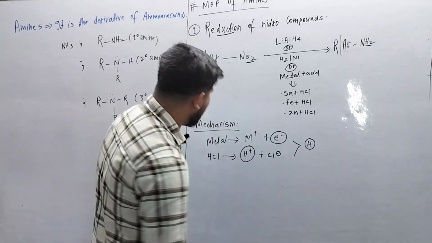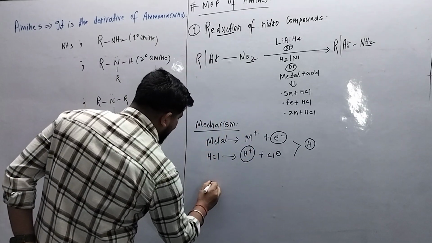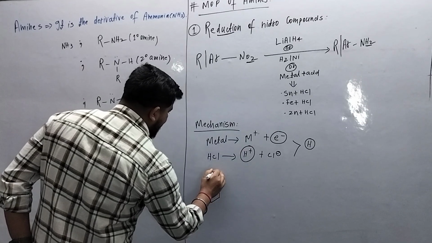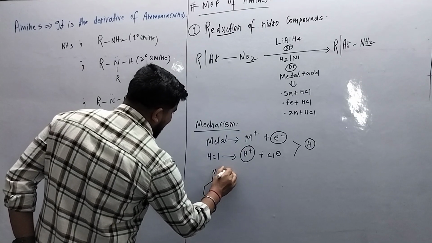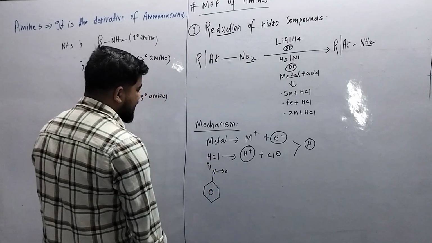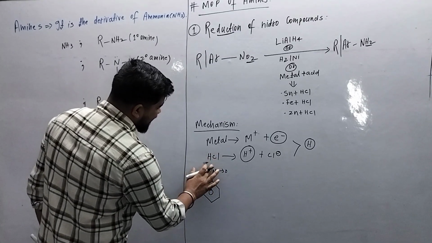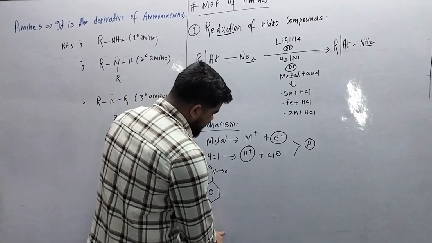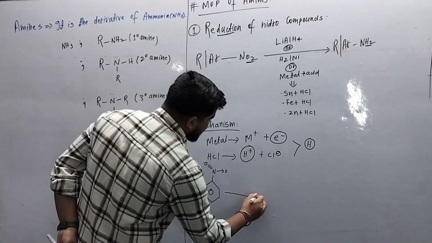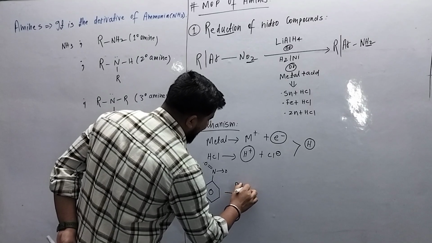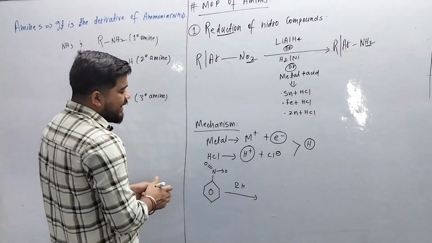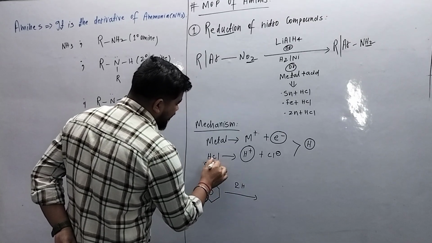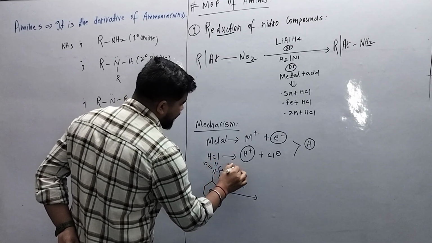Basically, the mechanism here is, if we take nitro compound, let us suppose nitrobenzene. At first, we will take 2 hydrogen. The 2 hydrogen will be added like that. First we will break the bond between nitrogen and oxygen, 1 hydrogen and 1 hydrogen.